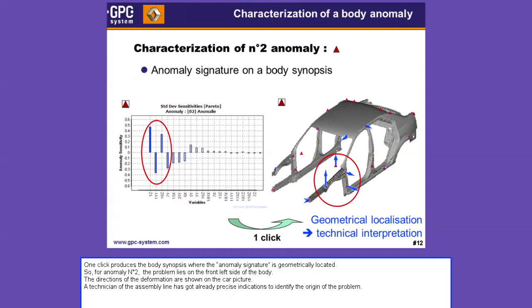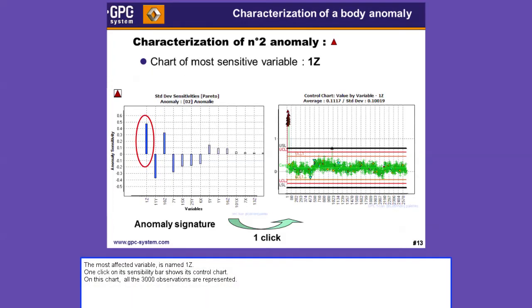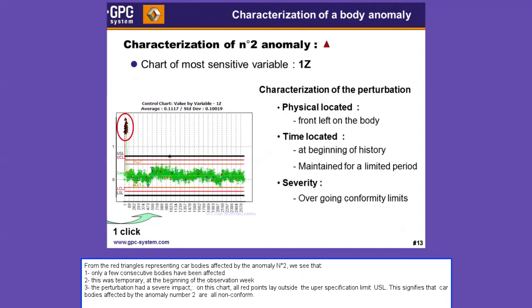The most affected variable is named 1Z. One click on its sensibility bar shows its control chart. On this chart, all the 3000 observations are represented. From the red triangles that represent car bodies affected by the anomaly number 2, we see that: 1. Only a few consecutive bodies have been affected. 2.